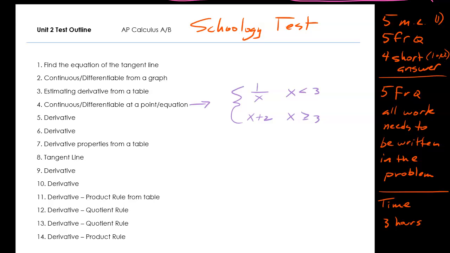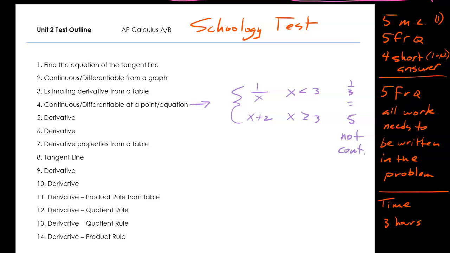So for continuity, first I need to check if they meet up at x equals 3. So I would plug 3 into both of them to start with. If I plug 3 into both of them, I'd get 1/3 and I would get 5. Automatically they don't match up, so this tells me this is not continuous.